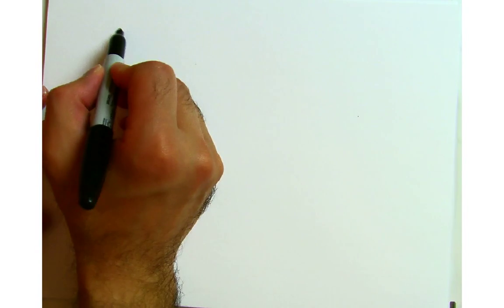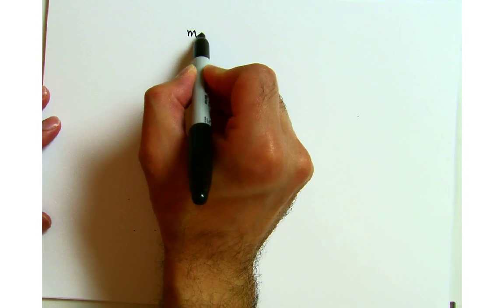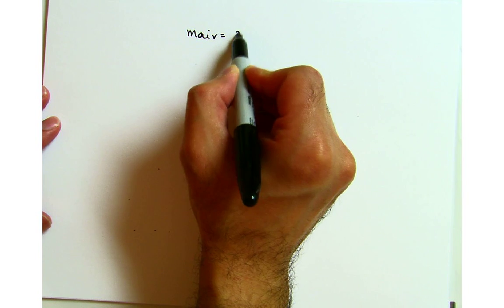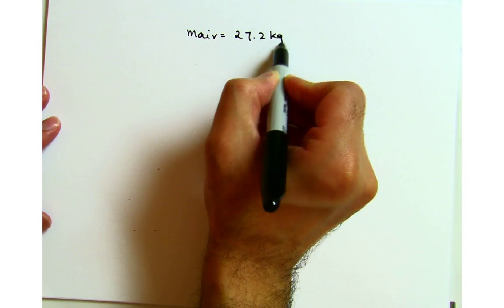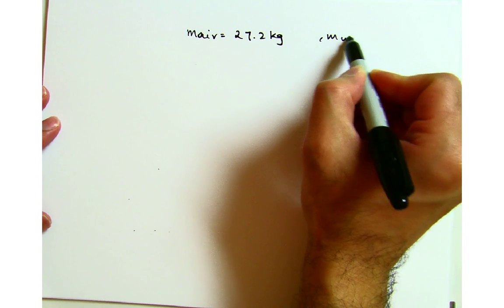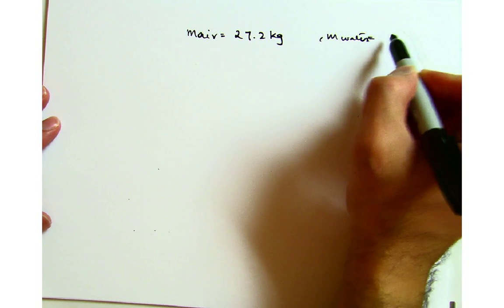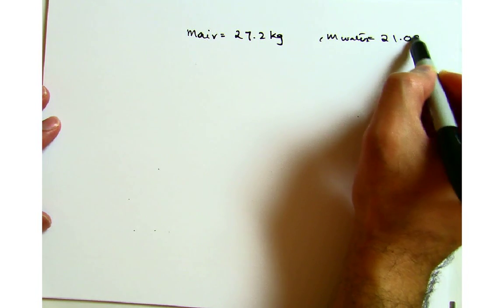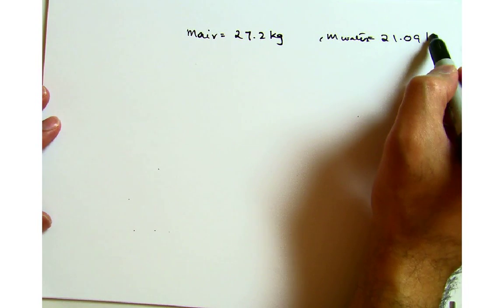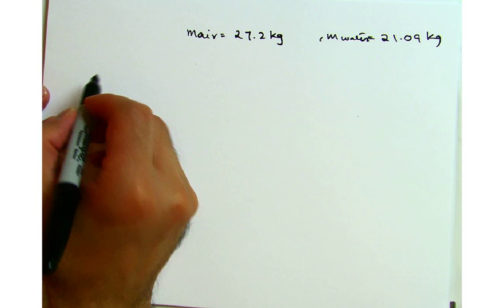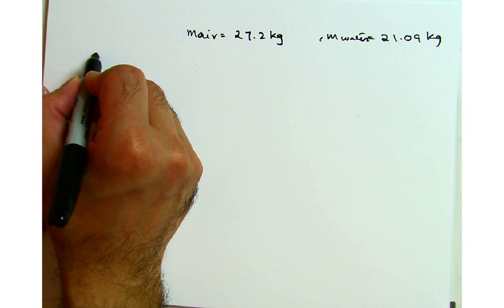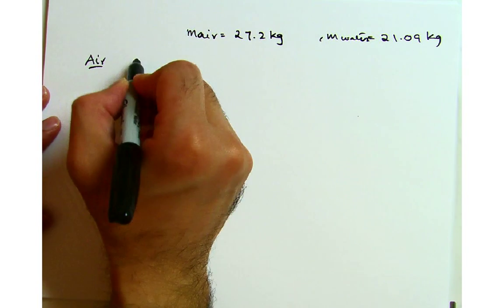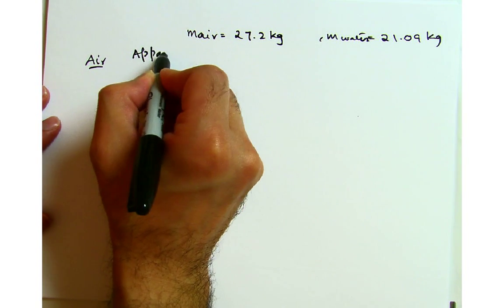Alright, so we have mass in air equal to 27.2 kg, and the mass in water is 21.09 kg. For air, let's look at the apparent weight.